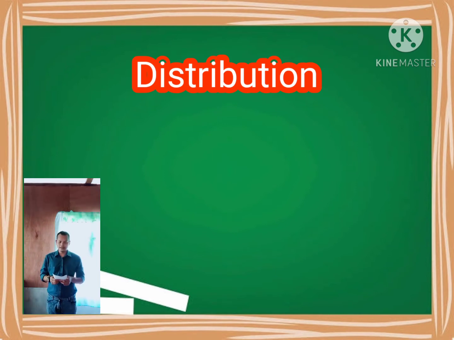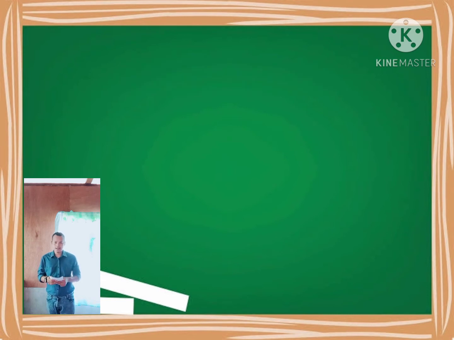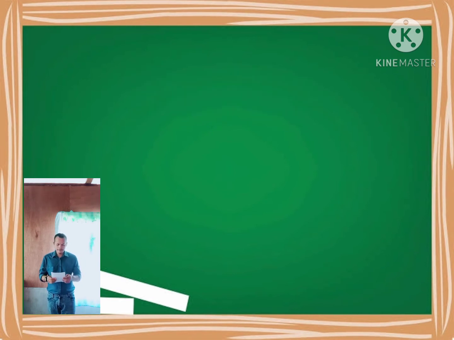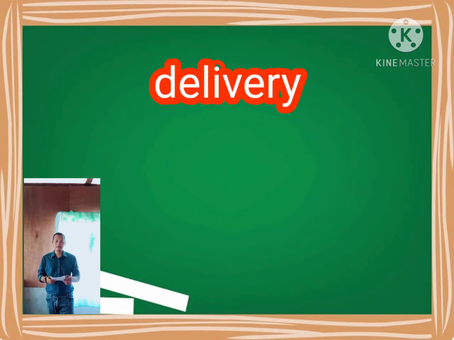The root word is distribute, and the suffix is ion. Another example is fondest. The suffix here is est, and the root word is fond. Another example is delivery. The root word is deliver, and the suffix is y.